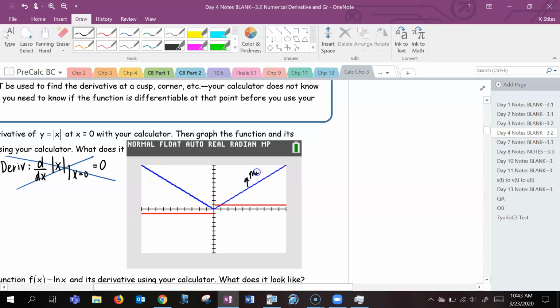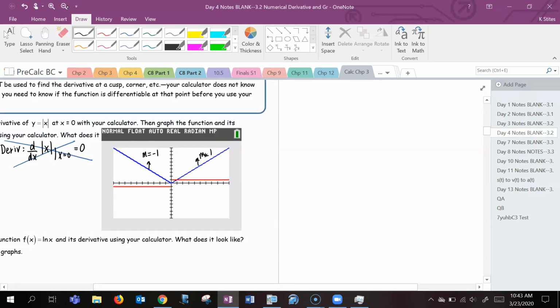So here m equals positive 1, here m equals negative 1. So again, notice when the slope is positive 1, the graph of the derivative, the y-coordinate is up at positive 1. And when the slope is negative 1, the graph of the derivative is down here at negative 1.